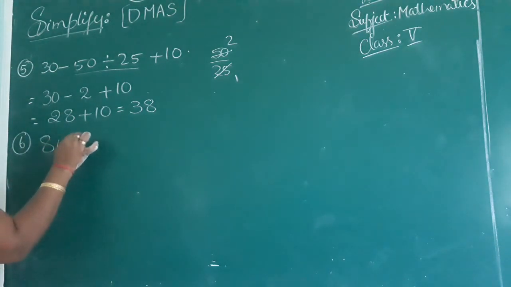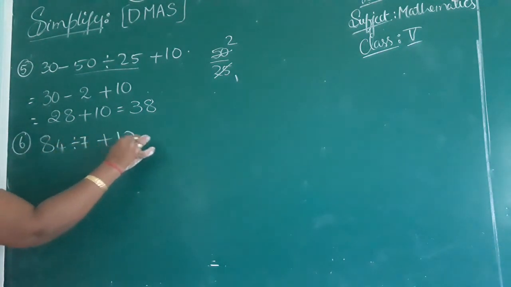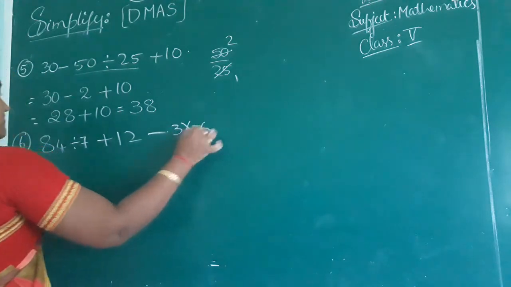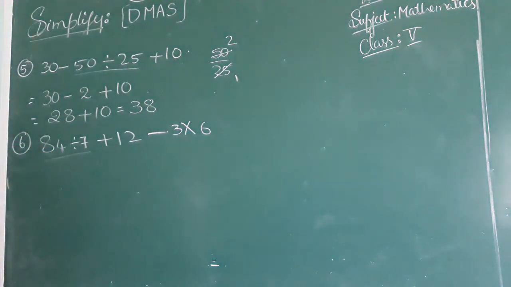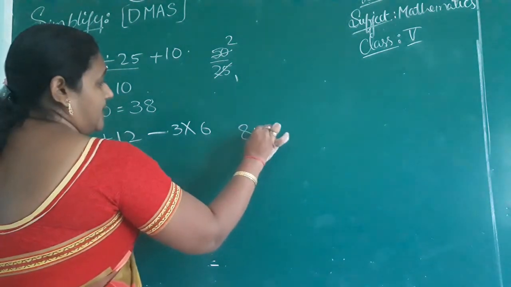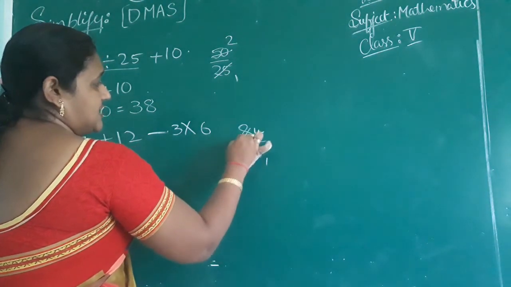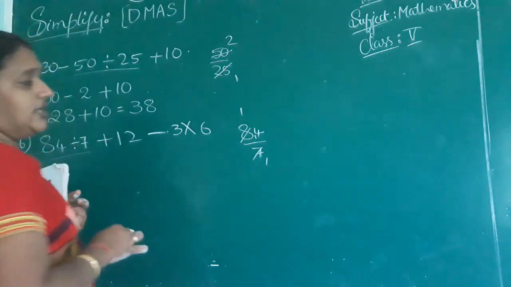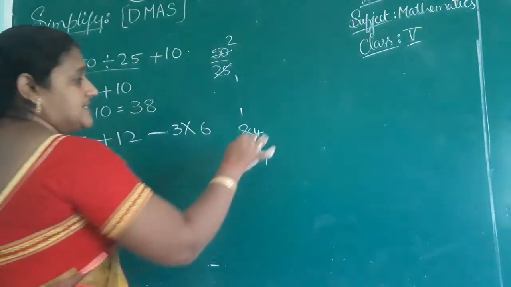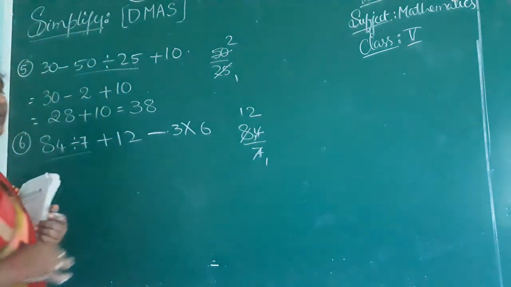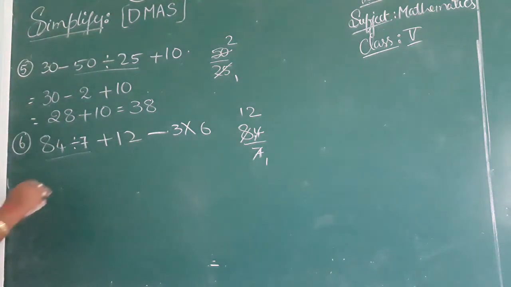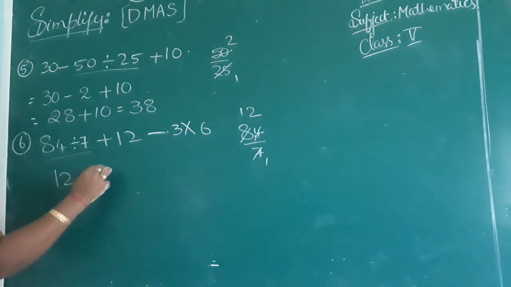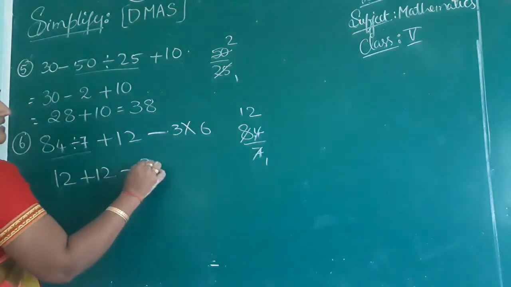See the sixth one. 84 divided by 7 plus 12 minus 3 into 6. First we should solve the division. What is 84 divided by 7? 7 ones is 7, remainder 1, now it is 14. 7 twos are 14. So 12 times it is divisible. 12 plus 12 minus 3 into 6.